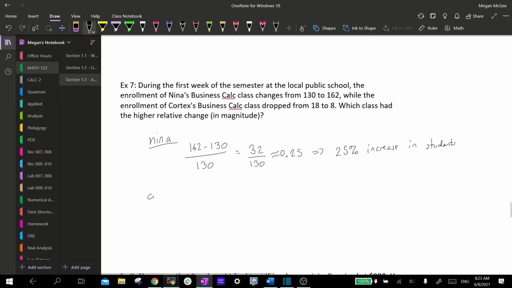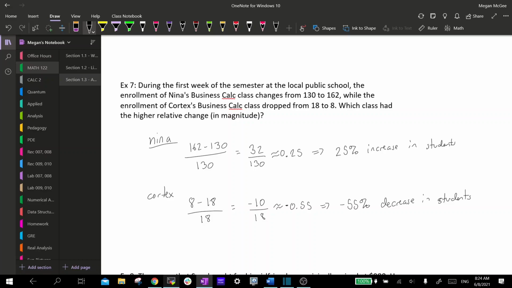Then we have Cortex, where we now have 8 students, but we started with 18. So we have negative 10 over 18, which in a calculator is about 0.55, but it's negative. So this tells us we had a 55% decrease in students.